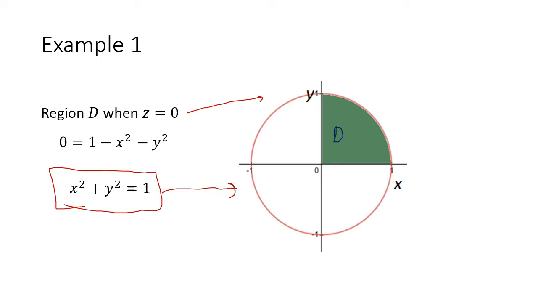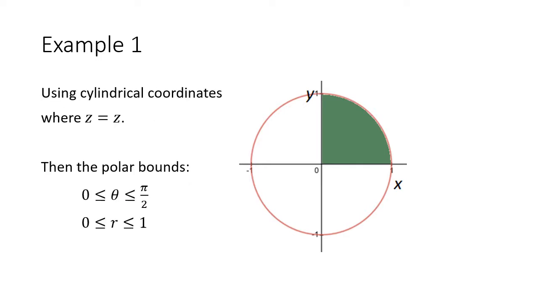Now, remember, that's going to be the region I'm integrating over after I do my first iterated integral with respect to z. After I do my iterated integral with respect to z, then I'm going to be taking the double integral over this region D, which is now in my xy plane. So we use cylindrical coordinates because it's the unit circle, and circles are usually much easier to evaluate in terms of polar coordinates.